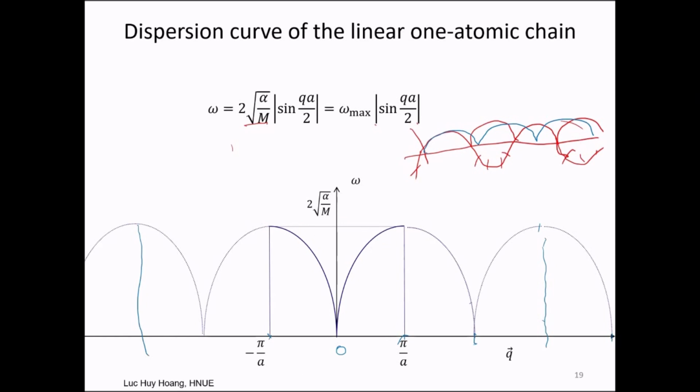So the dependence of omega on Q can be presented in this area only. Okay? Now we don't have to care about the other parts of the dependence of omega on Q, this part only, from minus pi over a to pi over a.